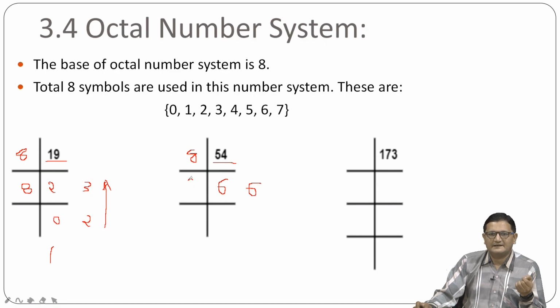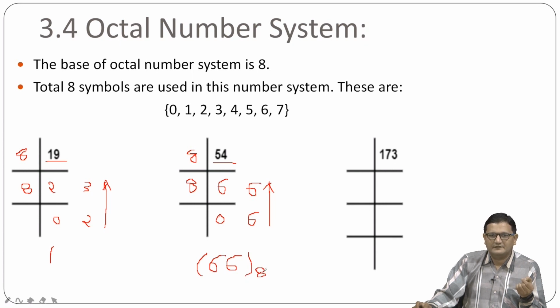Again we divide this 6 by 8, because we need to continue this process until we get 0. Since 6 is smaller, we write 0. 8 zeros are 0, but the number is 6, so 6 remains. You mention 6 as the remainder here, and then write the remainders in this way. Obviously you get 66. So we can say (66) is the octal number of 54.